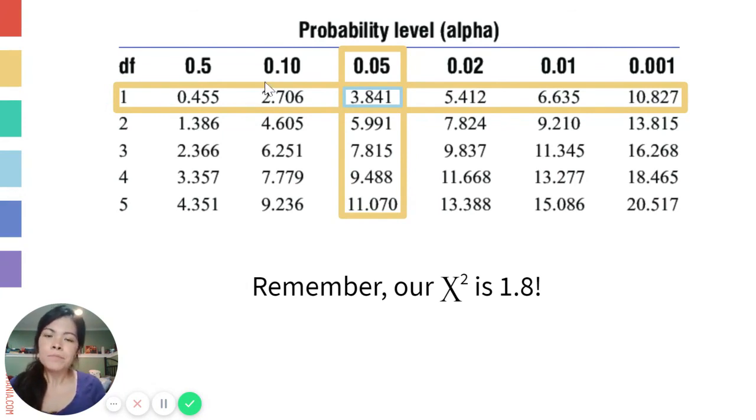So that means we can't be very confident that Biotown is actually skewed one way or another, because it's decently likely that we would get our actual data just because of random variation in the people that we're sampling.